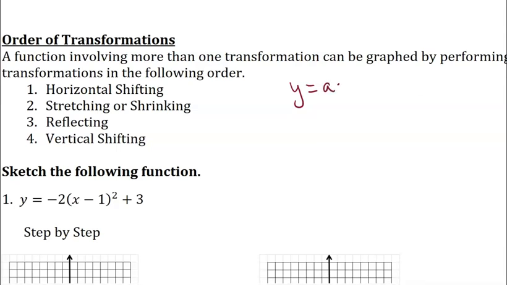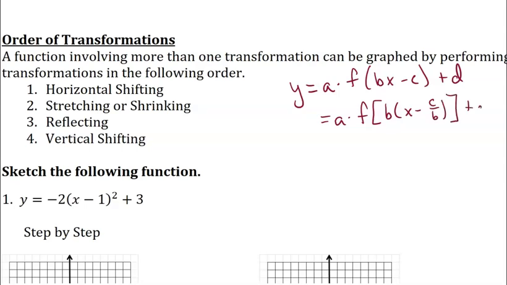Let's say I have something like this: a times f of bx minus c and then plus d. So the reason I do the horizontal shift first is because I actually need to write this inside part as f of b times the quantity x minus c over b, and then plus d.